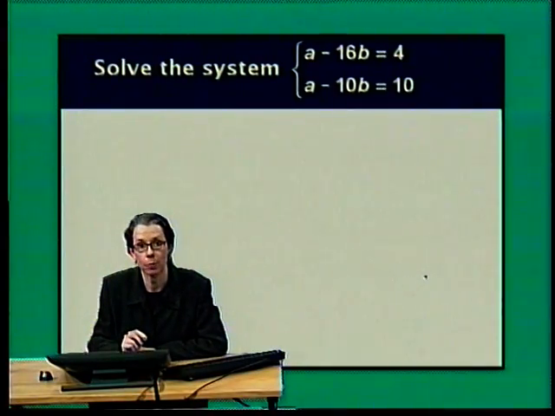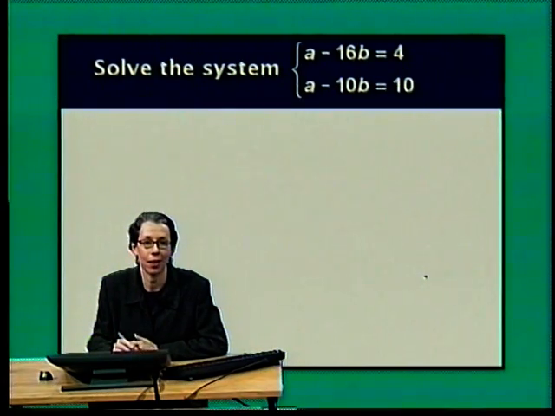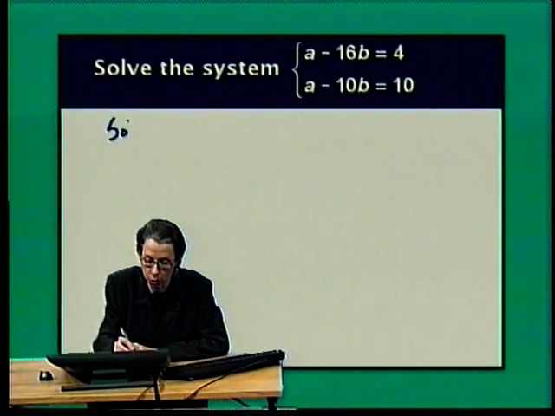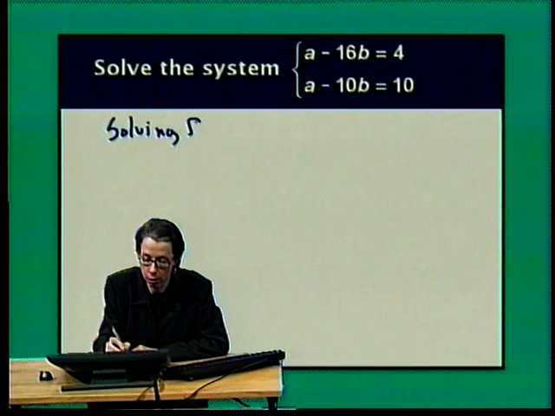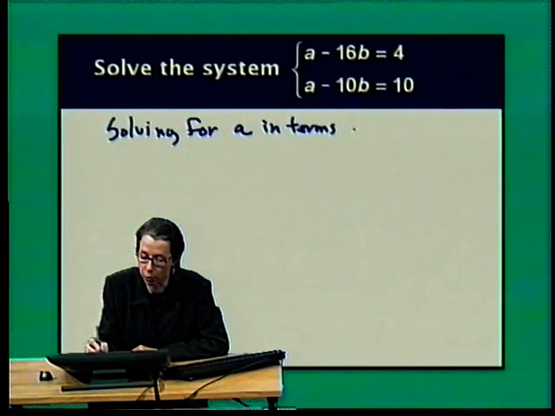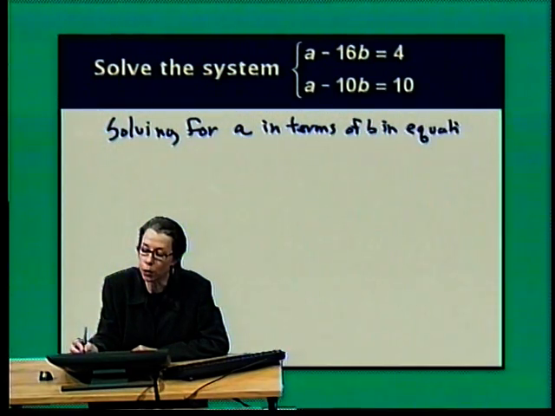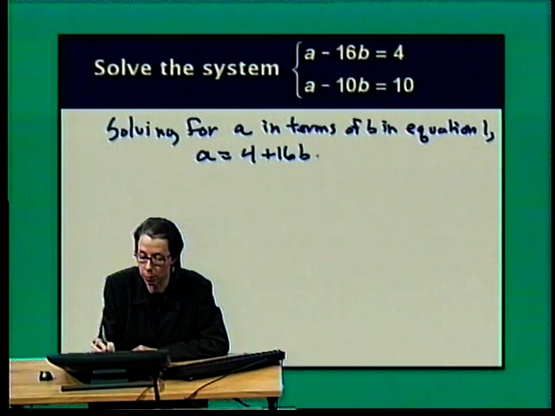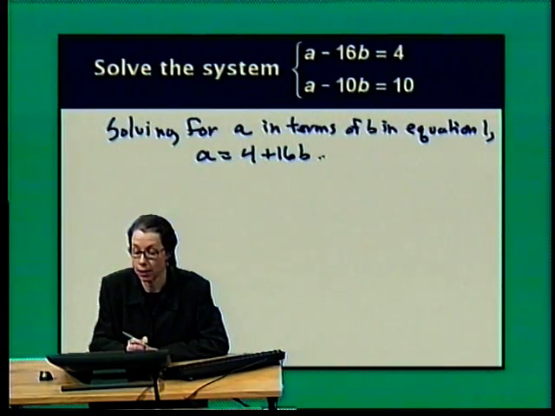So I'm going to do a substitution, and here it looks equally easy to work with either of the equations to solve for a in terms of b. So solving for a in terms of b in equation 1, the first equation, I have a equals 4 plus 16b. I just added 16b to both sides of the equation.